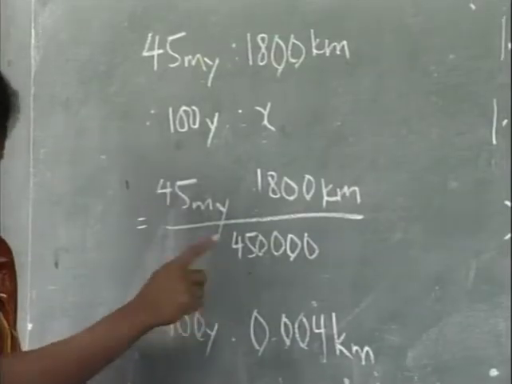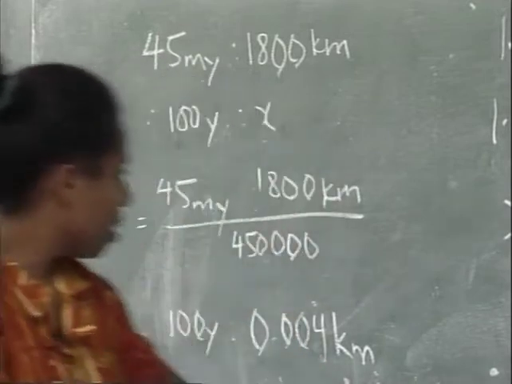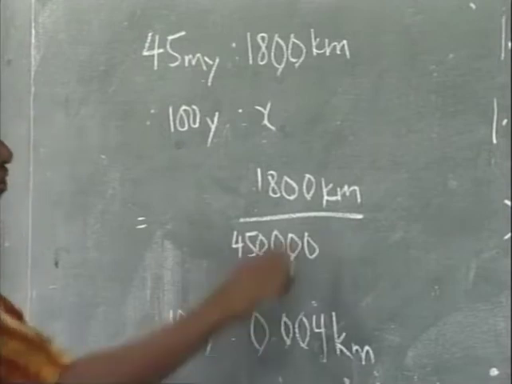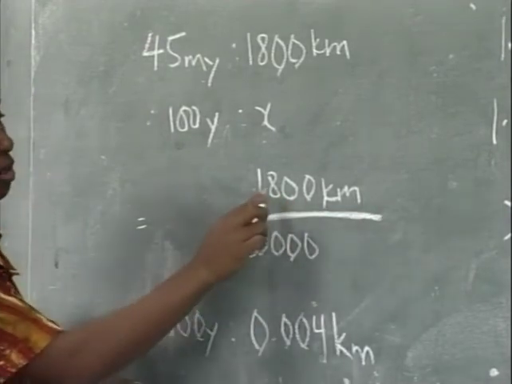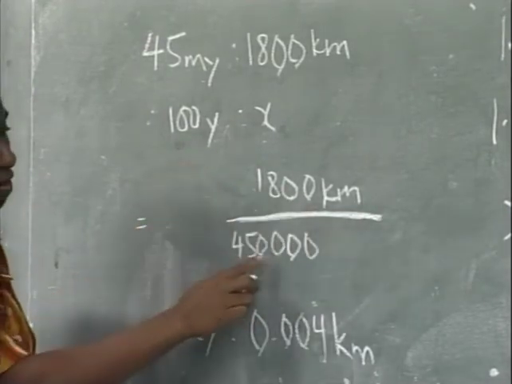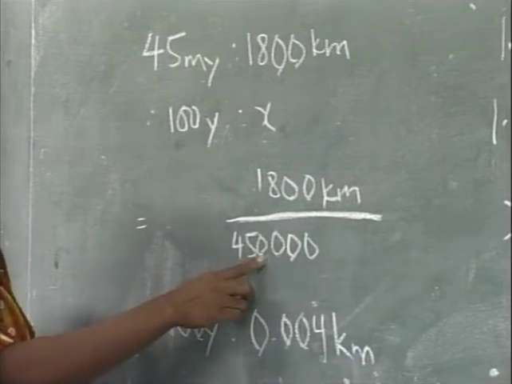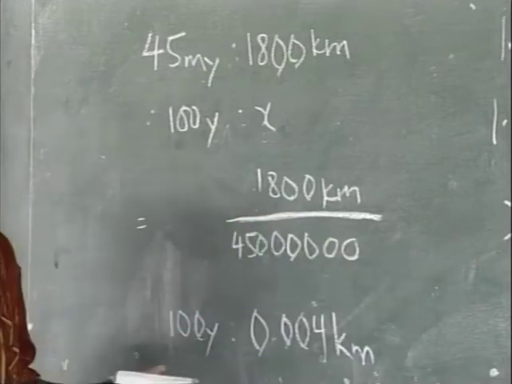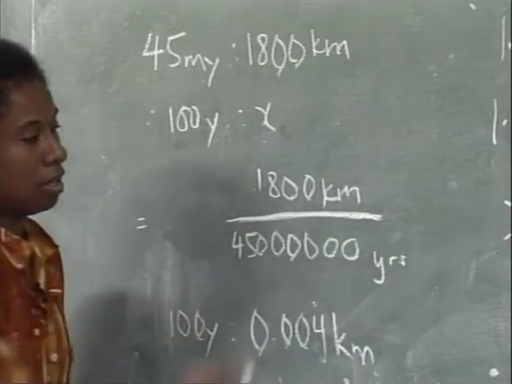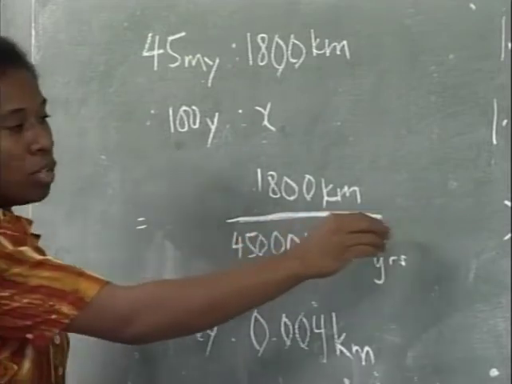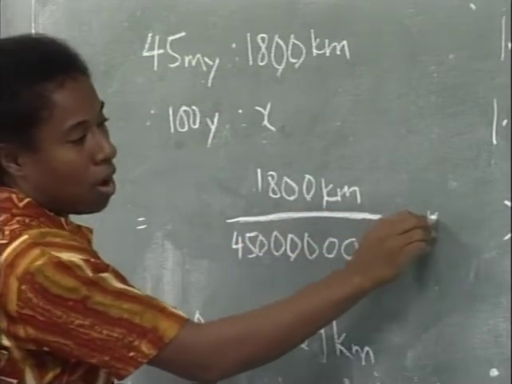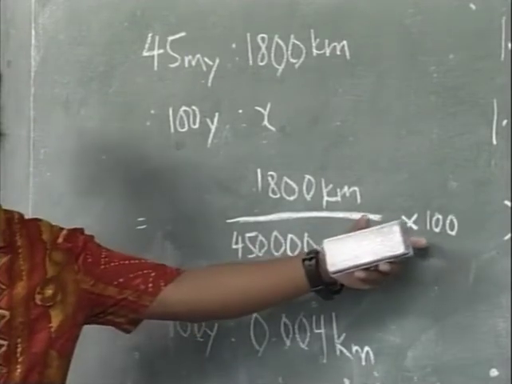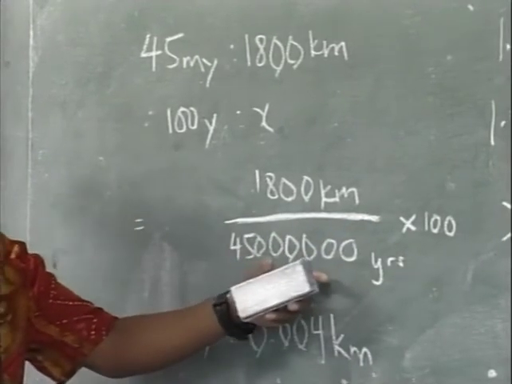So let's remove that 45 million years. We have the distance here in kilometers, 1,800 kilometers divided by 45 million. For million, it will be 6 zeros, 1, 2, 3, 4, 5, 6. And that's not all. We'll need to multiply that by 100 because we want to find out for every 100 years how many kilometers Australia would have moved.